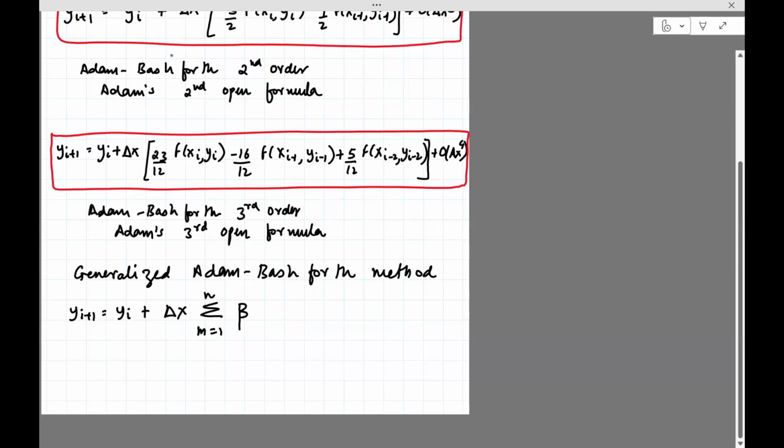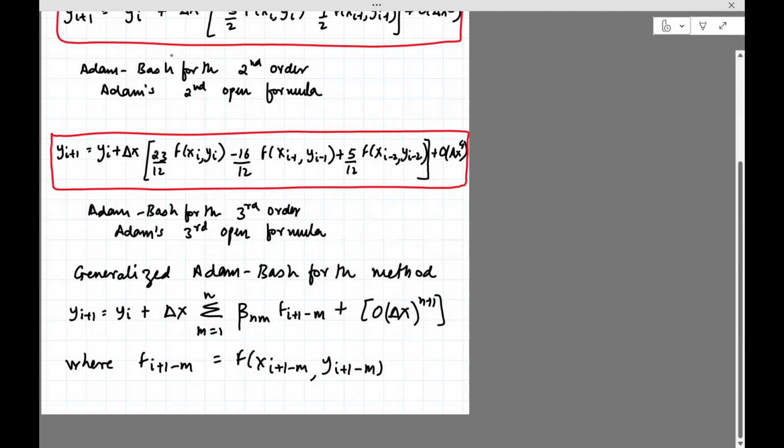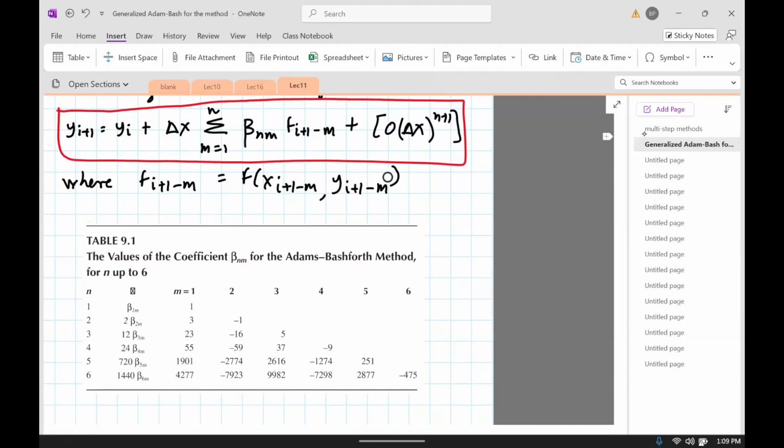What's n? And beta n m, f of i plus 1 minus m, plus the truncation. Okay, so what is f? The f here, f of i plus 1 minus m, is the same as f of x i plus 1 minus m, y i plus 1 minus m. Okay, so all the formulas.